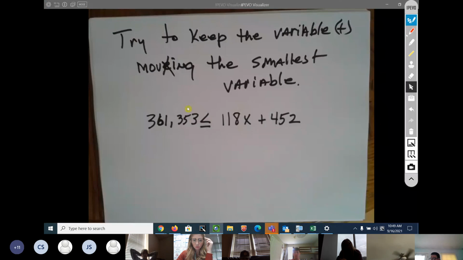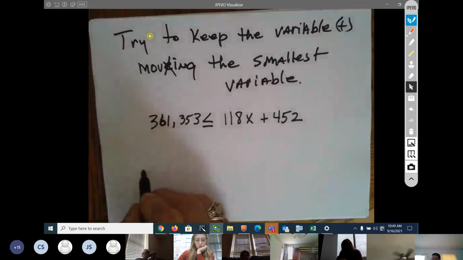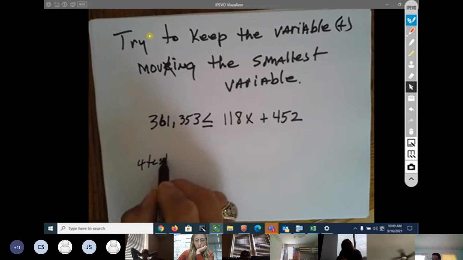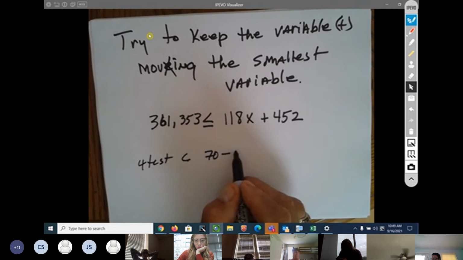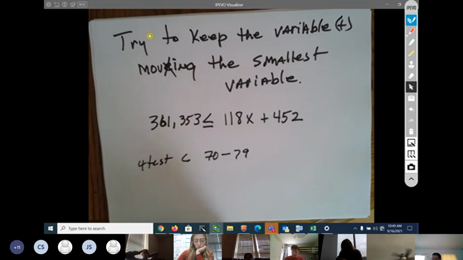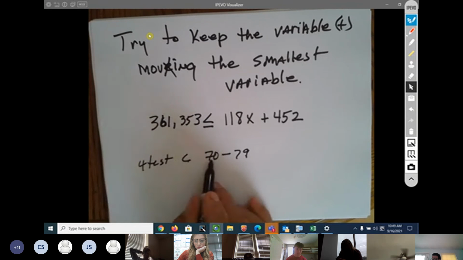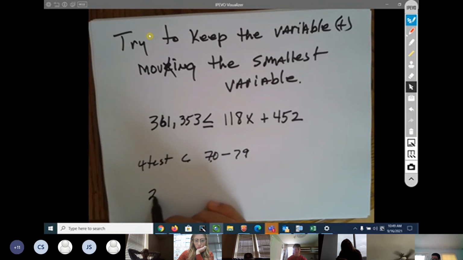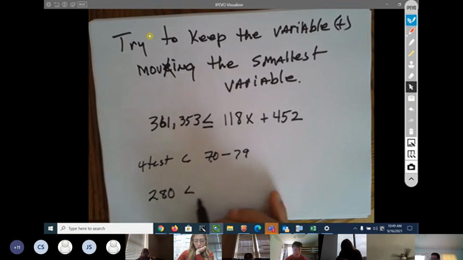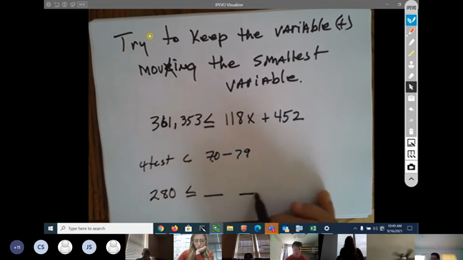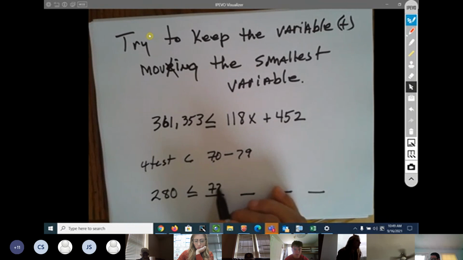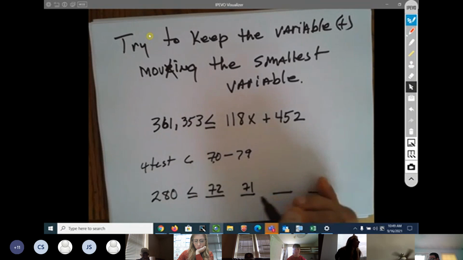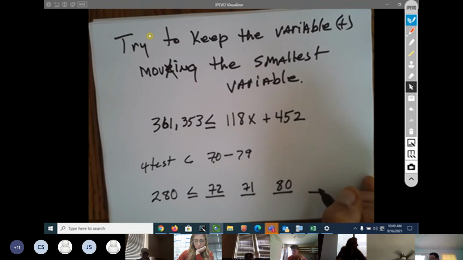So on this one, if there are 4 tests and you want to make a C, with the C being 70 to 79, then you would take 4 tests. 4 times 70 is 280, and you have 4 tests, and they give you 3, like a 72, a 71, an 80, and you don't know this one.